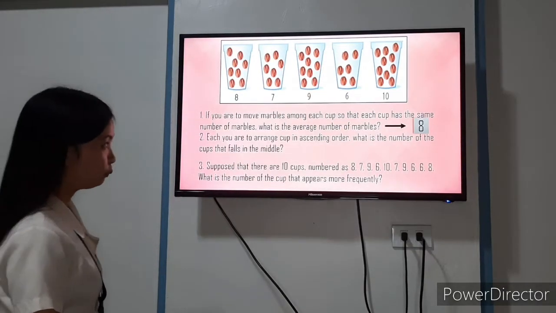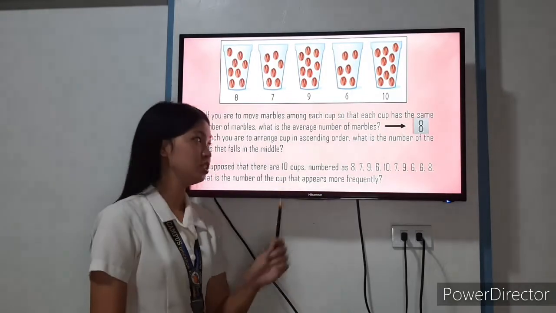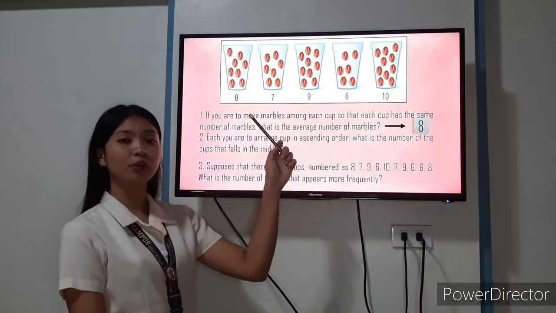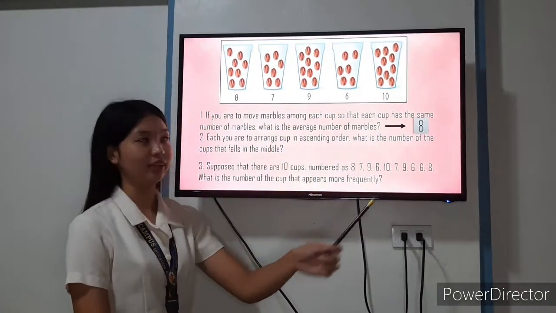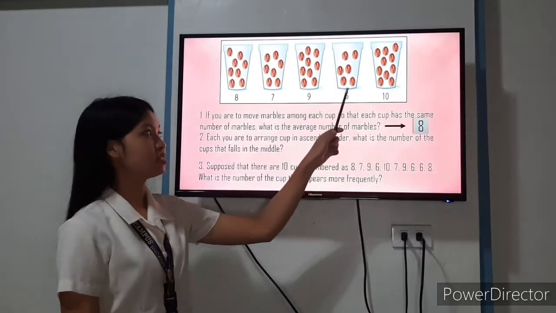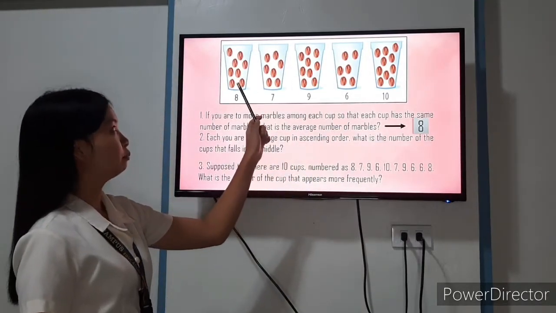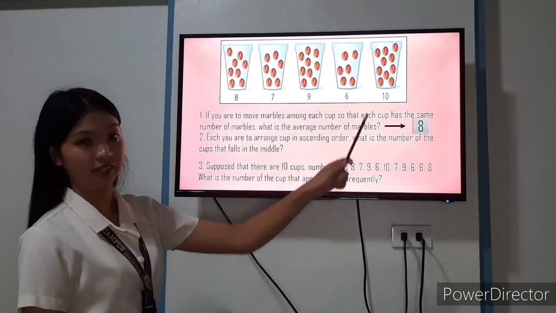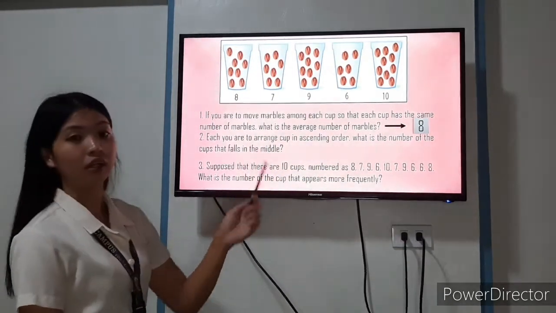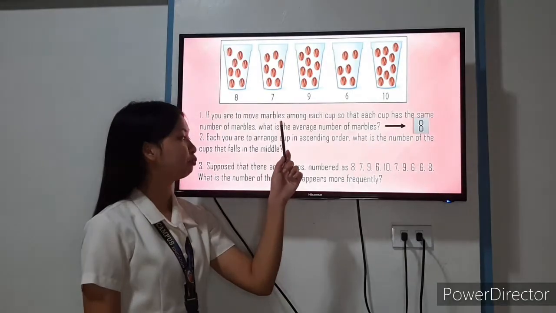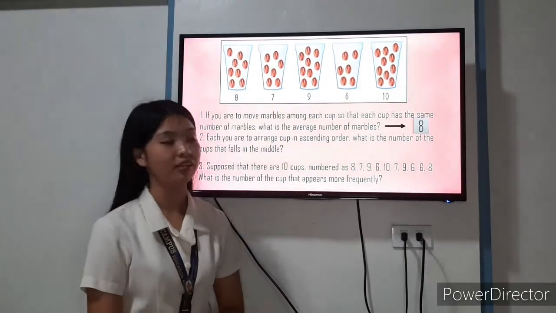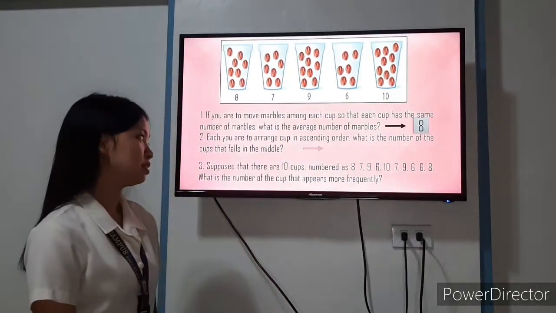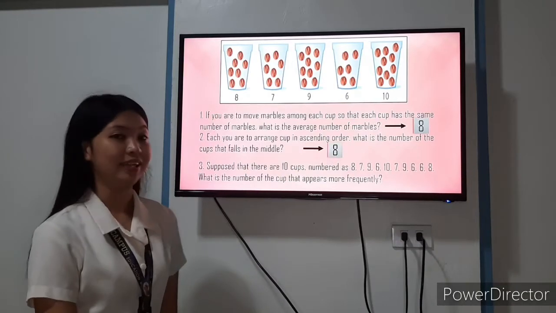Question number 2, if we are going to arrange these cups from least to greatest, 6 will be the first cup, then 7, 8, 9, and 10. So what cup falls in the middle? The answer here is 8.